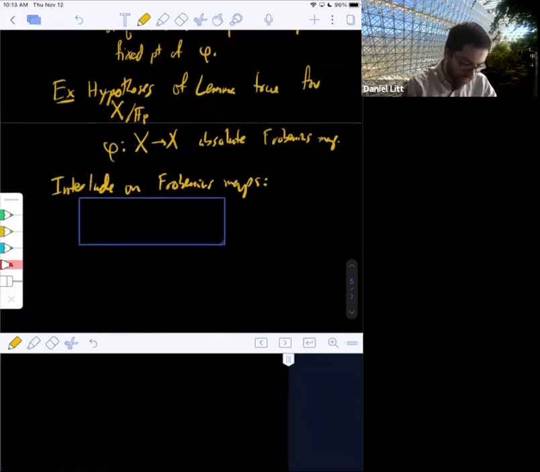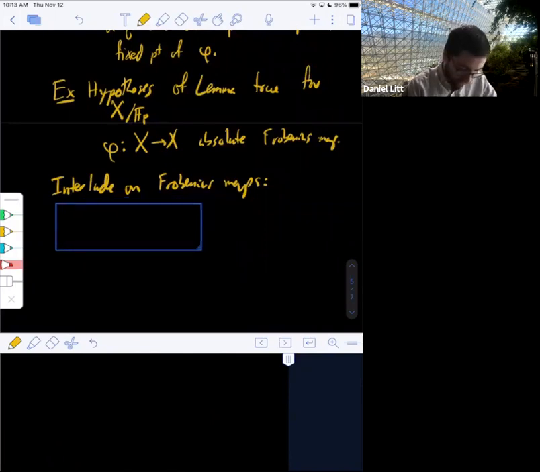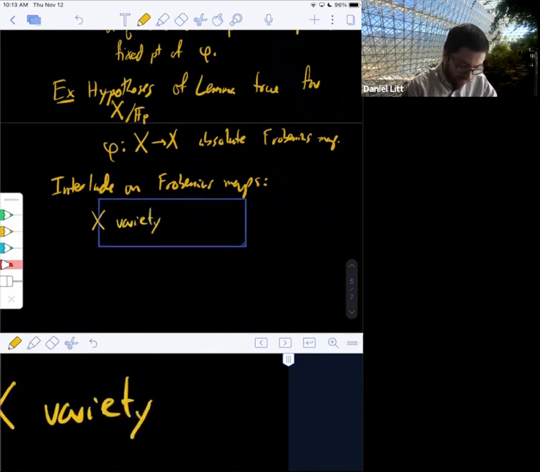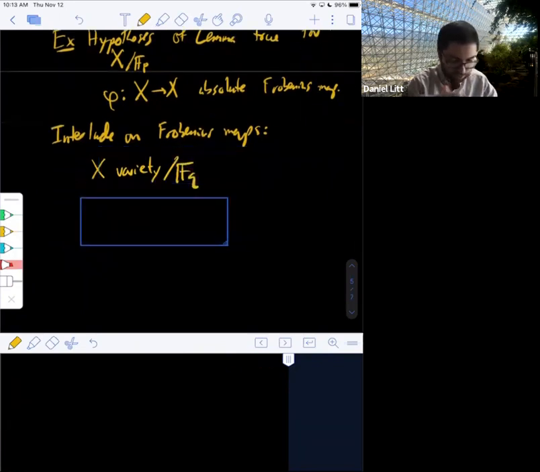So suppose X is a variety defined over a finite field F_q. There are a bunch of different types of Frobenius maps, and I just want to discuss them briefly.